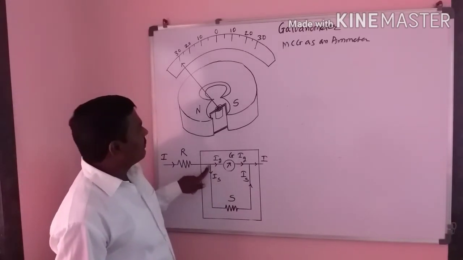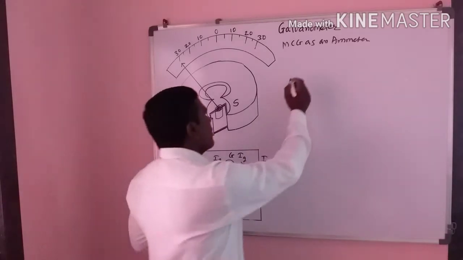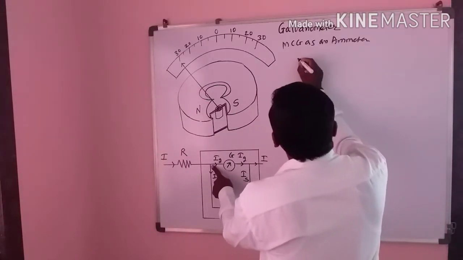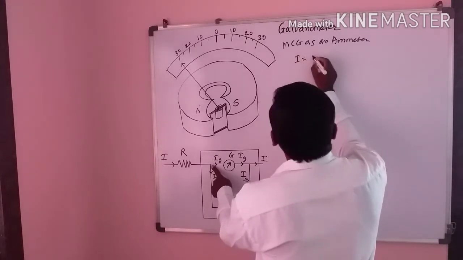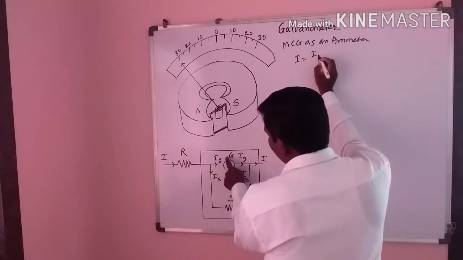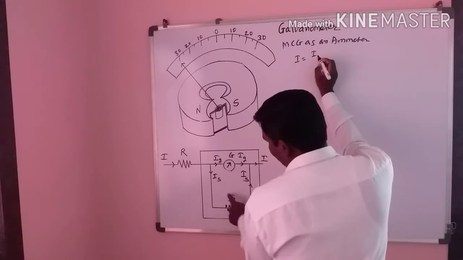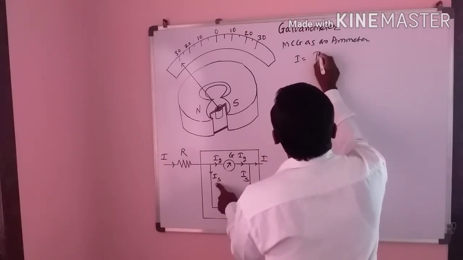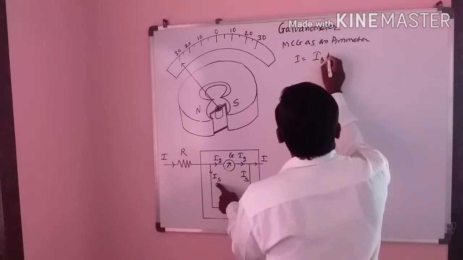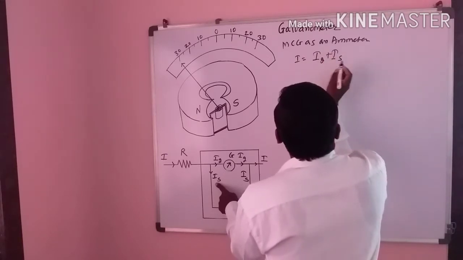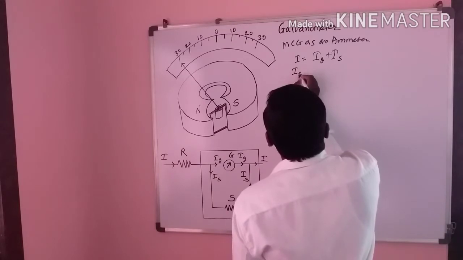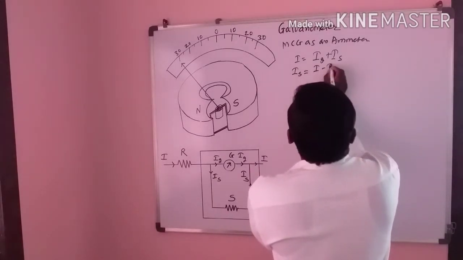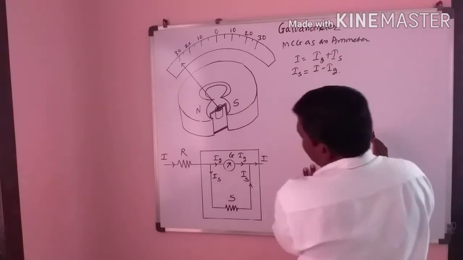At this point, when we apply Kirchhoff's first law, the current I is equal to the current flowing through the galvanometer, Ig, plus the current flowing through the shunt resistance, Is. That is I = Ig + Is, and from this Is = I - Ig.